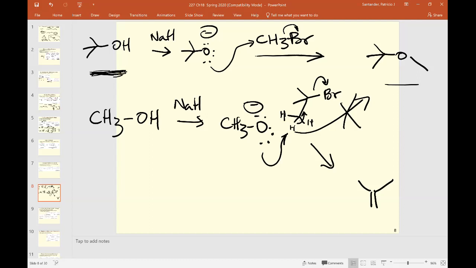I can deprotonate that and produce the alkoxide of the more highly substituted moiety. And then the compound on which I will perform the substitution will be the less highly substituted alkyl halide, the bromomethane. I don't even need to put a number here, because there is only one carbon atom.